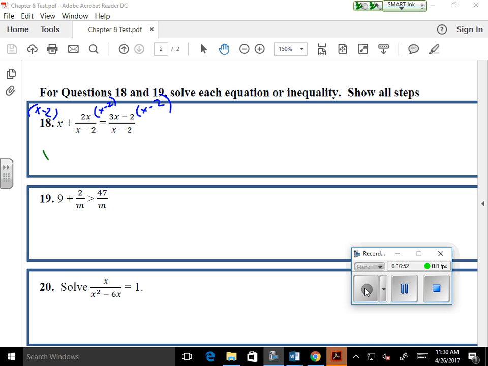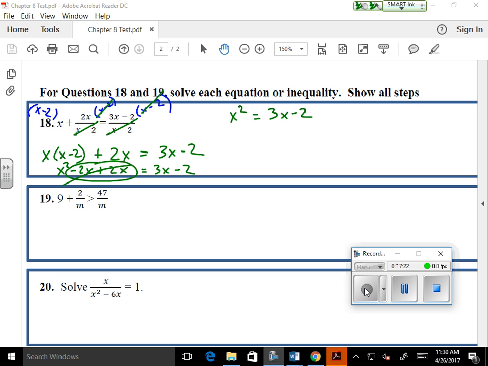Then you're left with x times x minus 2 plus, these cancel, so you're left with just the 2x, equals, these also cancel, the 3x minus 2. And this ends up being x squared minus 2x plus 2x equals 3x minus 2. Right here, those two will cancel, and we'll be left with x squared equal to 3x minus 2.